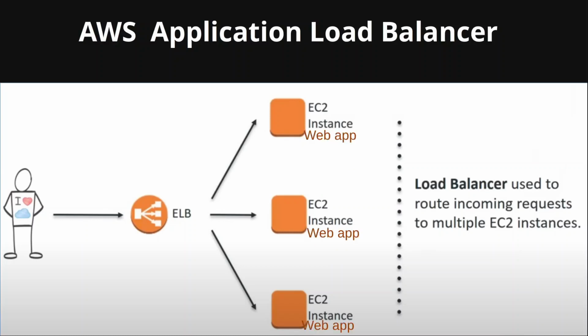When we do that, we're going to need a load balancer to distribute traffic across the multiple servers. A load balancer allows you to route incoming requests to multiple EC2 instances, and that's what we are going to see in today's demo.